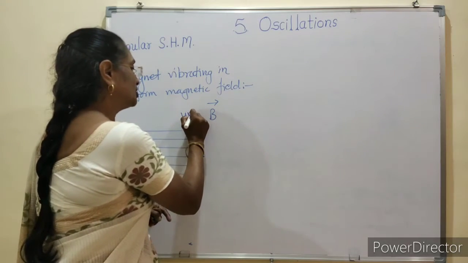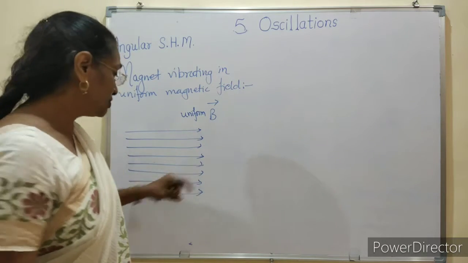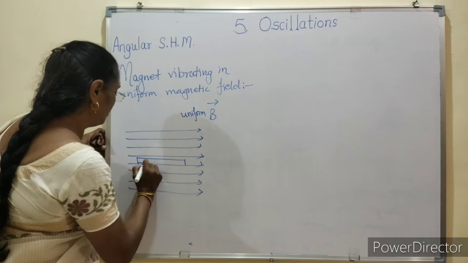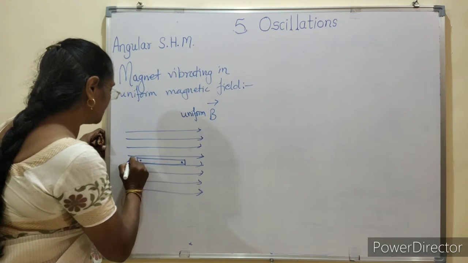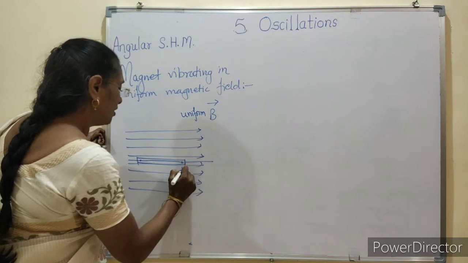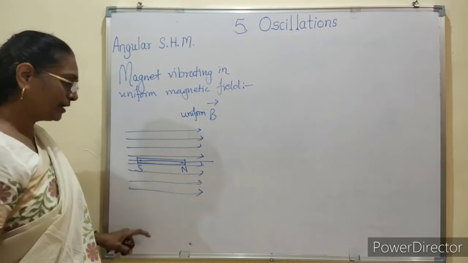This magnetic induction is uniform, in which there is a bar magnet placed like this with its axis remaining parallel. North pole of the magnet, south pole of the magnet.